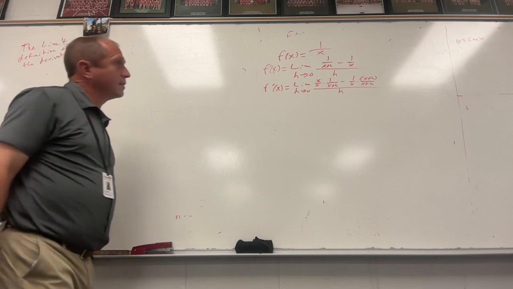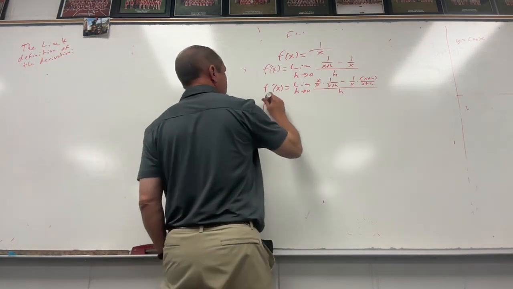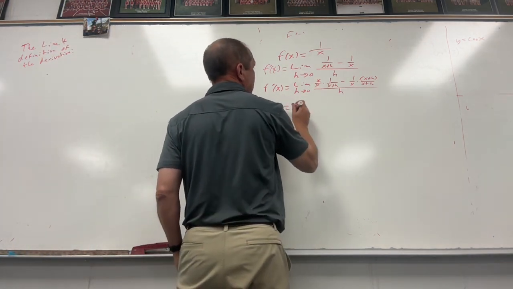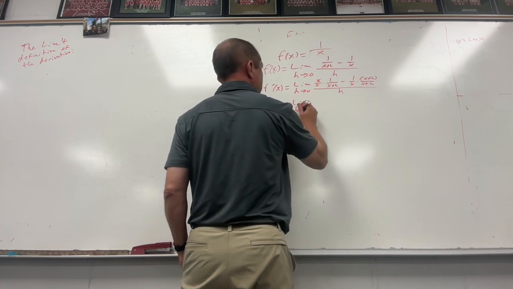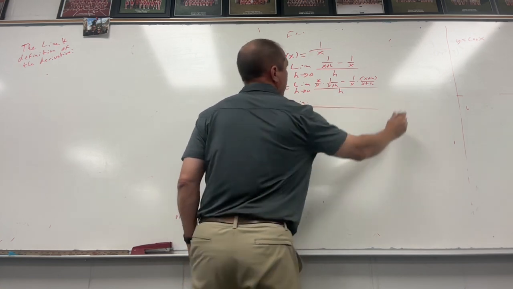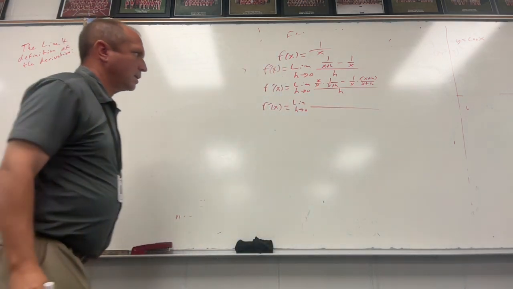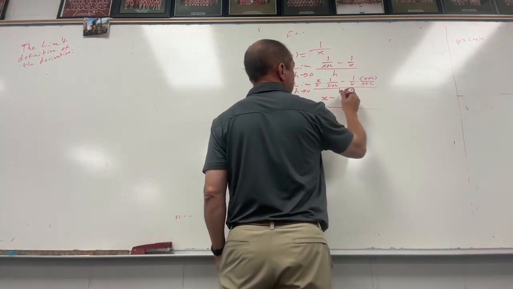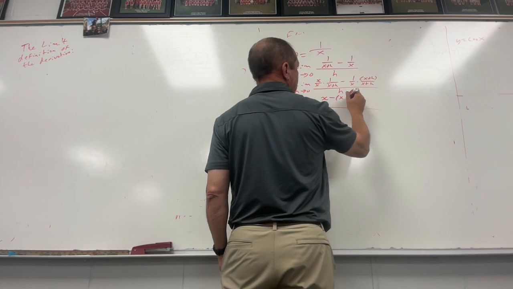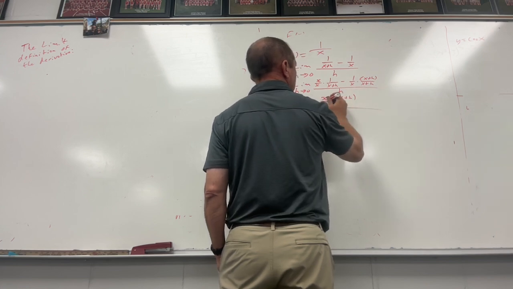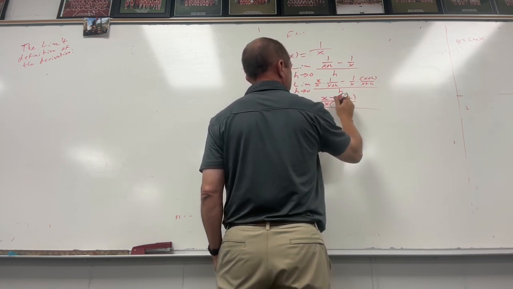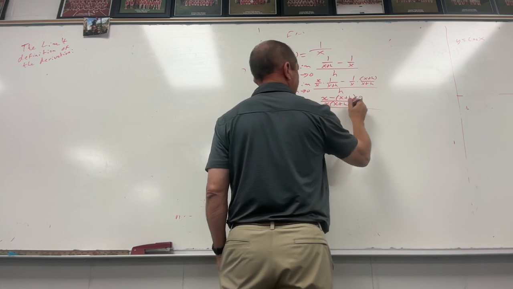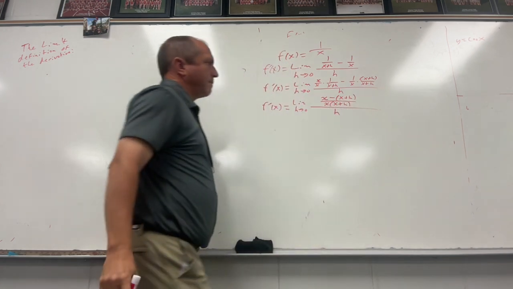Alrighty. So f prime of x equals the limit as h approaches 0 of x minus x plus h, all over x times x plus h, all over h.